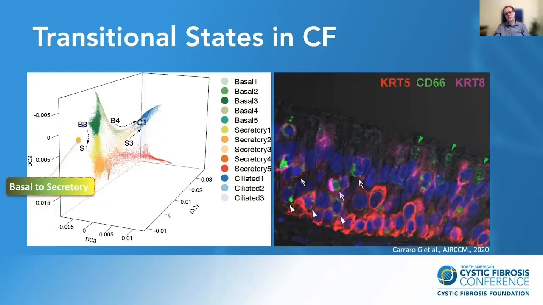Here on the right, we see immunoreactivity to characterize the labeled basal cells in association with CD66, a marker that we specifically identified to be associated with this secretory primed basal cell. And here we can see some basal cells that do co-stain with the two markers, indicating that they are cells that we can find in the human airways.